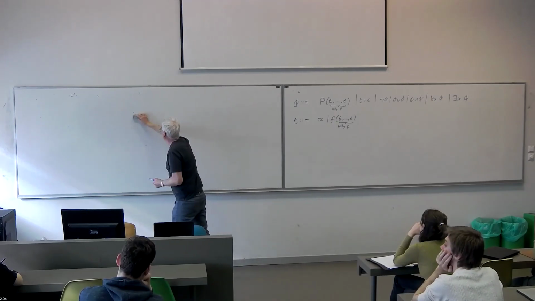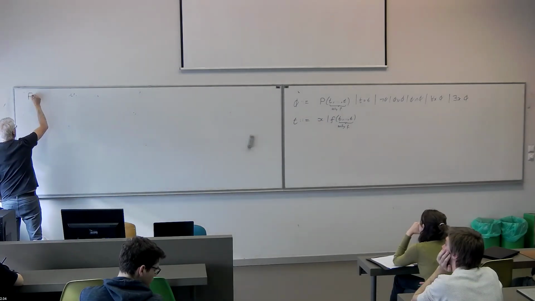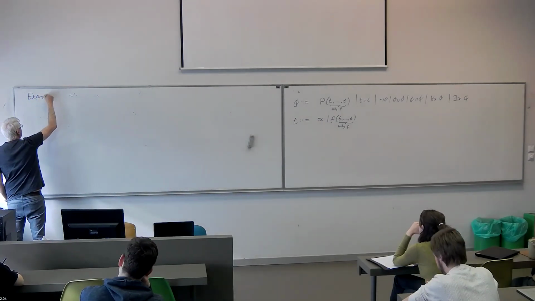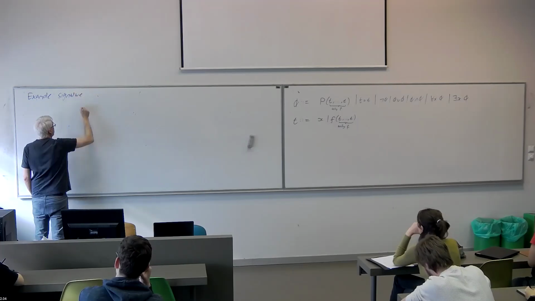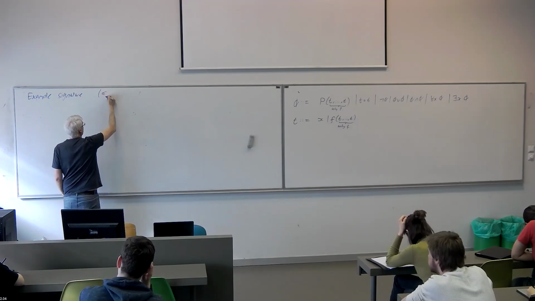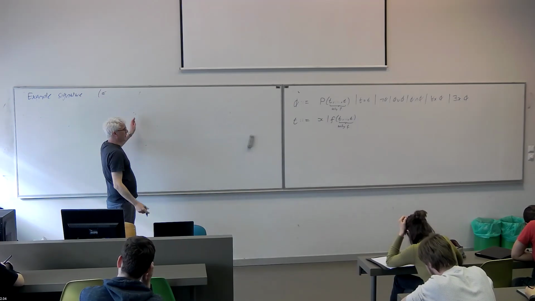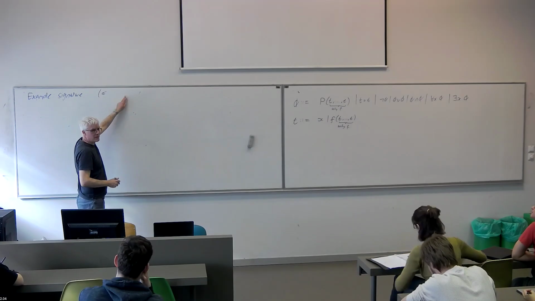An example signature. I mean, we did this sort of thing a few weeks ago, but I want to build on this today. So an example signature would be to include, say, a binary relation symbol, and often rather than write it as a set P of relation symbols and a set F of function symbols, we'll simply just list the ingredients in the signature.